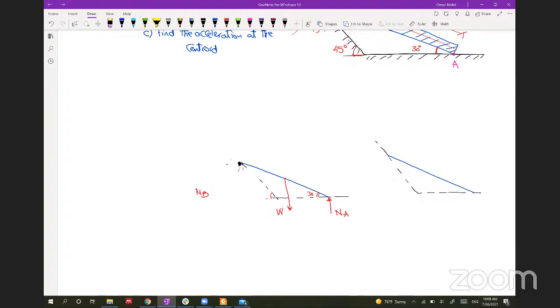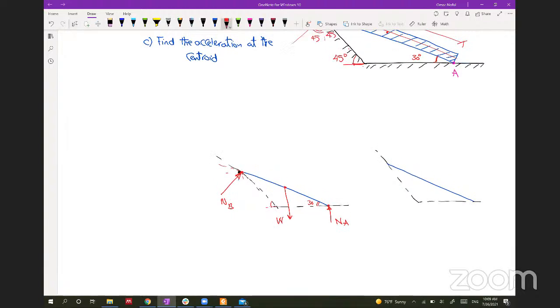And we will have NB, and this is what we need. Okay, so these are the three forces that we have here. And this is the free body diagram.